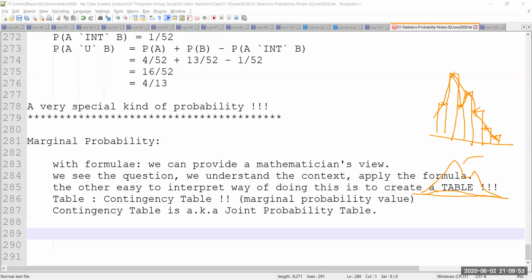But this is known as a probability density function. This is not a distribution function. This is a density function, because it is a graph which tells you that the density is high over here, somewhat high over here, but very low over here.